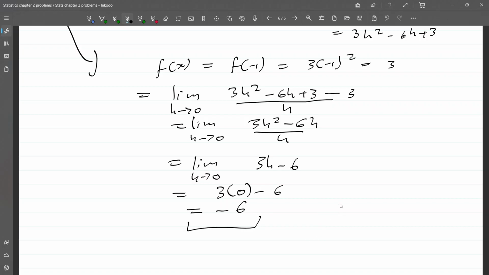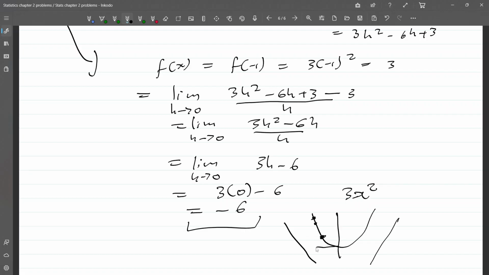Remember, your curve is 3x squared, which I believe is going to be something like this. So the gradient here and here are not the same, but they are all decreasing. Let me just try to draw it.